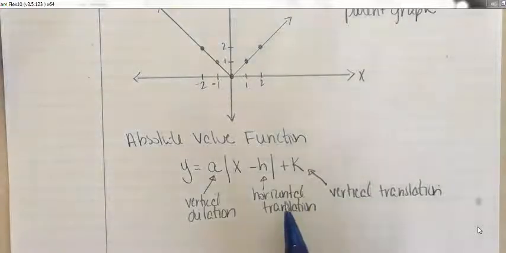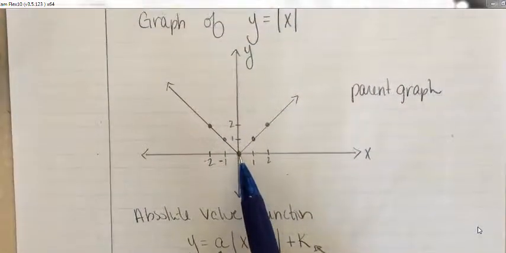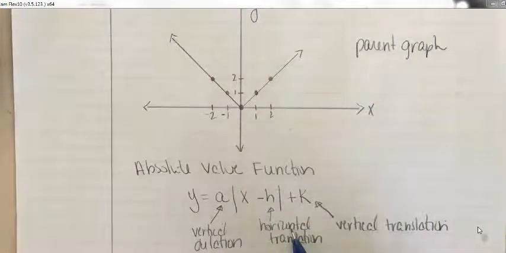So if I horizontally shift my parent graph, which currently has a vertex, your vertex being like your highest or lowest point. Okay, my vertex currently is at 0, 0. If I shift it horizontally H units, and vertically K units, then at any point I know my vertex based on what H and K are.